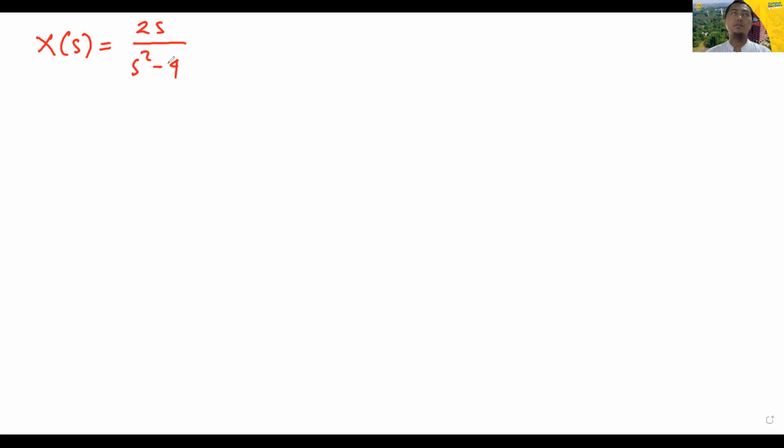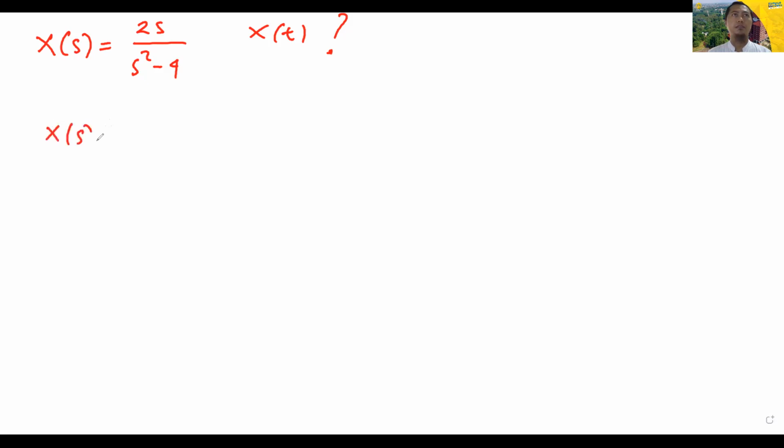Define the x(t). First step, we can use the method of partial fractions.